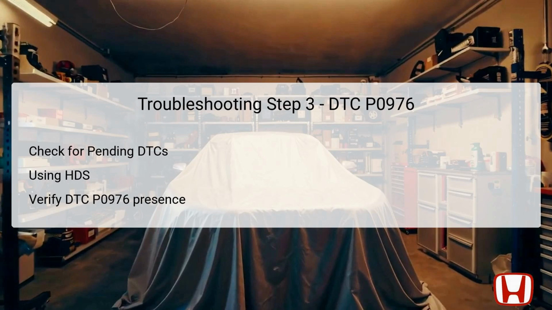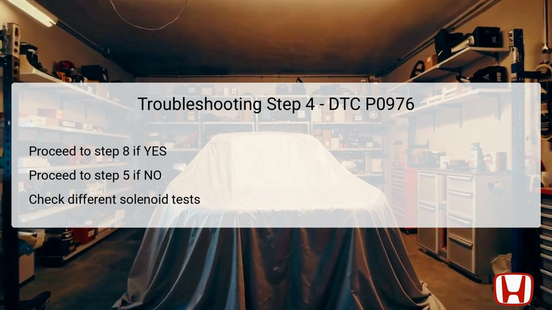If the HDS indicates that DTC P0976 is flagged as a pending or confirmed error, it necessitates further investigation into the circuit related to the shift solenoid valve B. Confirmed DTCs are those that have been consistently detected, while pending codes are temporary and may not require immediate action. Understanding this classification helps technicians distinguish between persistent and intermittent problems effectively.